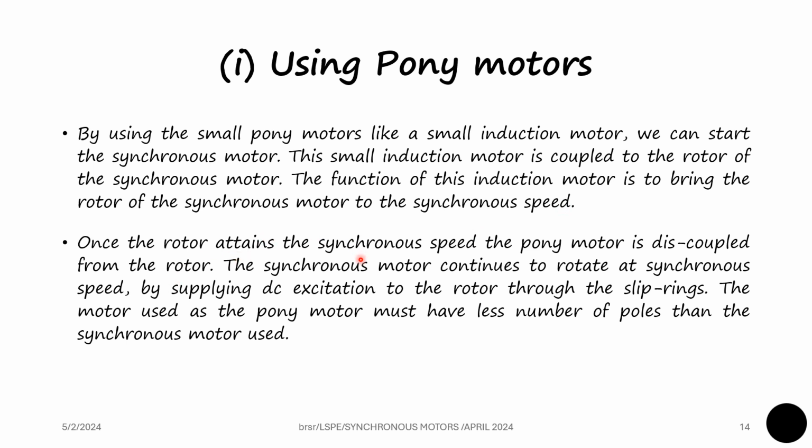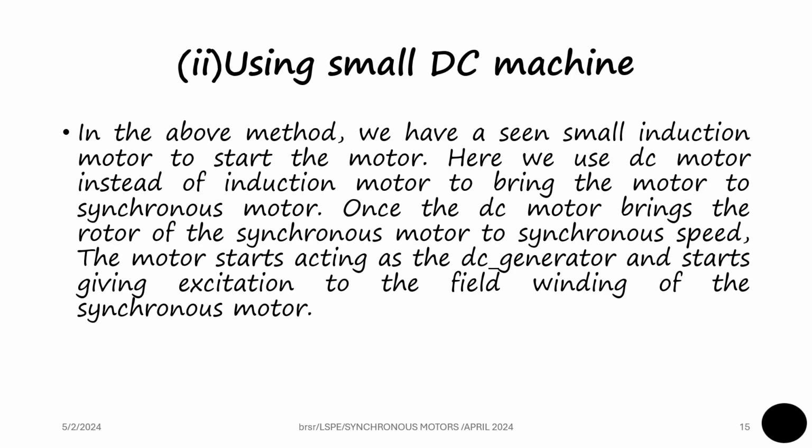Once the rotor attains the synchronous speed, the pony motor is decoupled from the rotor. Then the synchronous motor continues to rotate at synchronous speed by supplying the DC excitation to the rotor through slip rings. The motor used as a pony motor must have fewer poles than the synchronous motor.